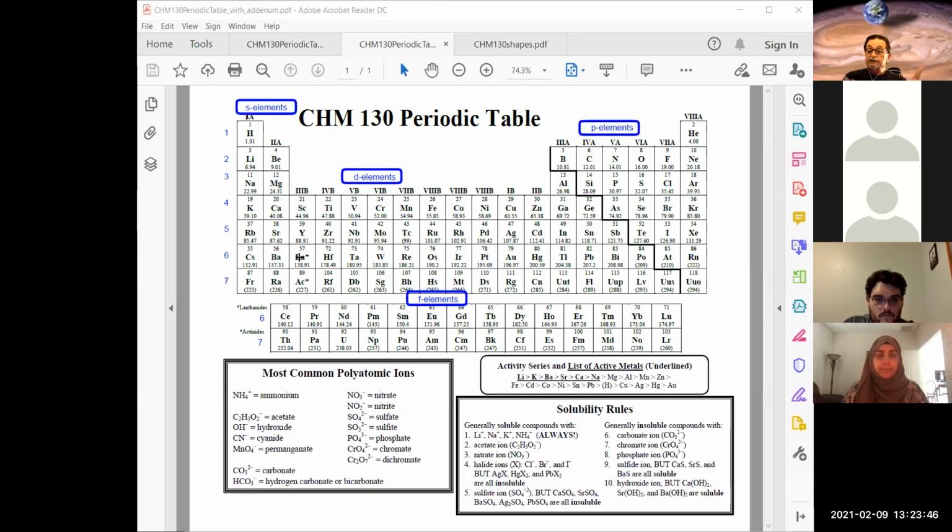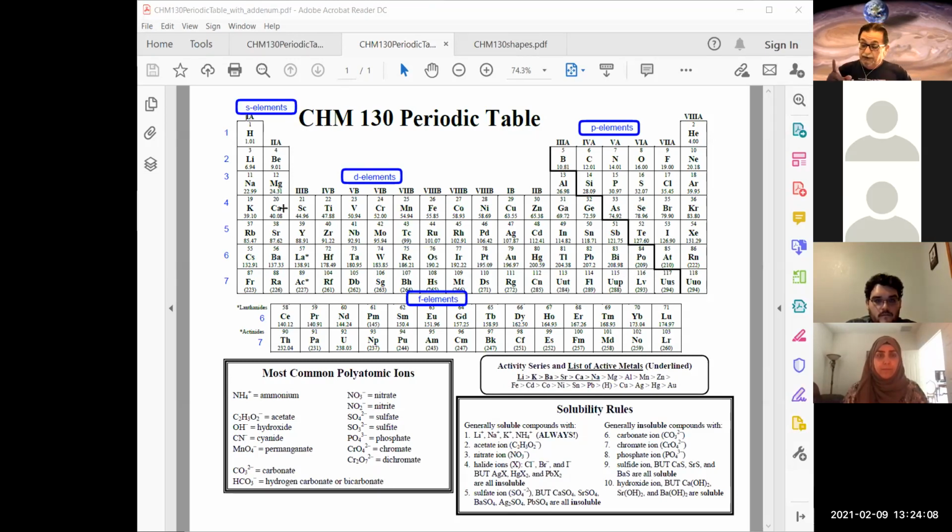So by rights, it's much bigger. So you can take any element as you go down the column, and you can determine who's going to be bigger in radius just simply by its position on which period it's on. It's just bigger. And so the same is true for lithium and sodium.